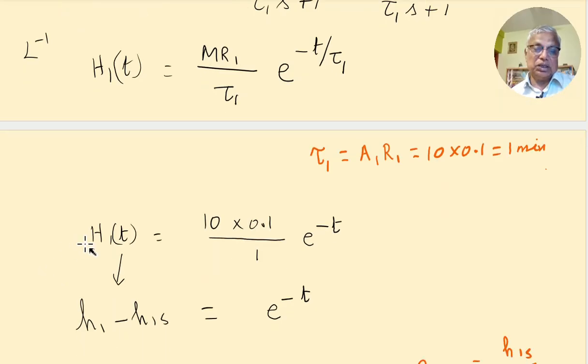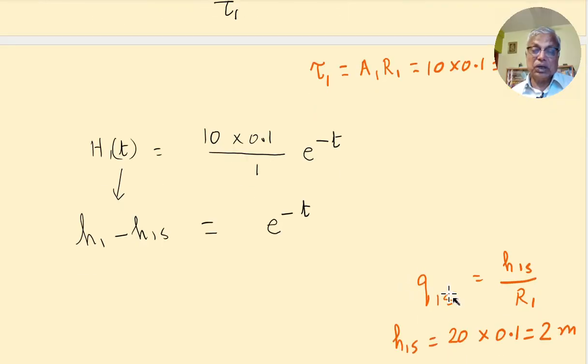Now, what is capital H1? Capital H1 is the deviation variable, H1 minus H1s. So H1 minus H1s equal to e power minus t. Now, if you want to calculate H1, you have to evaluate this constant also, H1s. So how do you get H1s? To find H1s, we go to the flow head relationship, which we will assume to be linear here. We will assume a simple relationship for flow head.